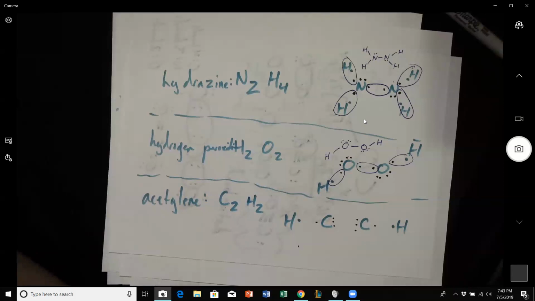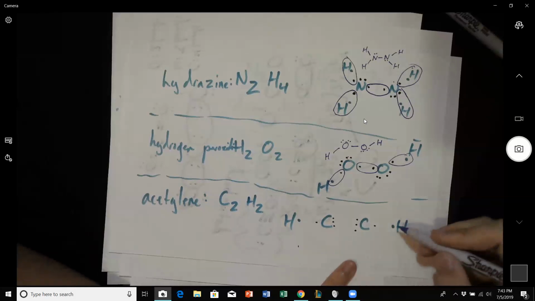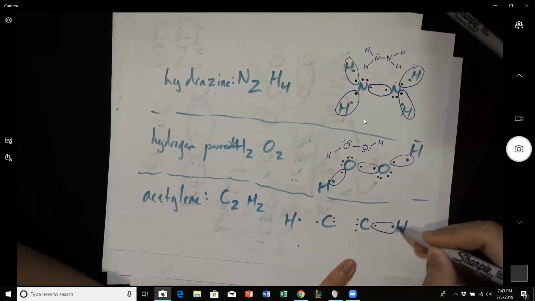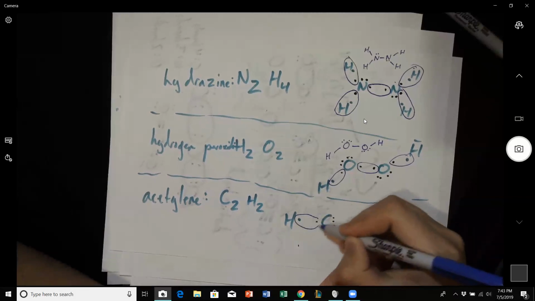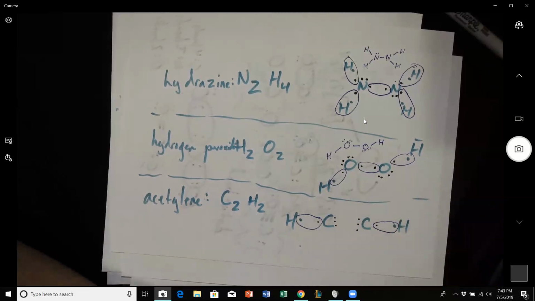Okay, so let's do acetylene. This one's a little trickier. So again, we'll form our carbon-hydrogen bond. So now, can someone tell me how many electrons each carbon atom has right now? So does everyone agree with Brian and Kathy?